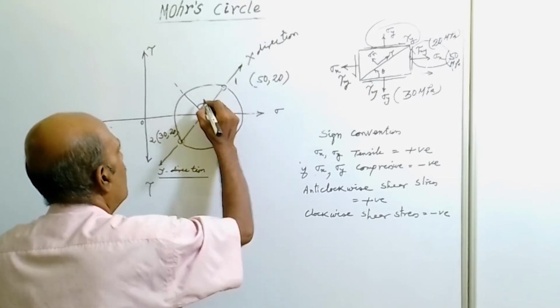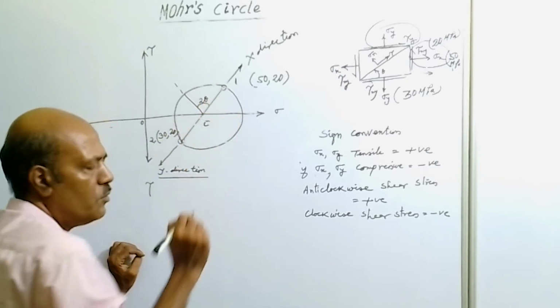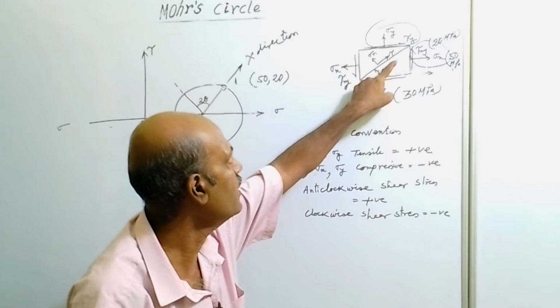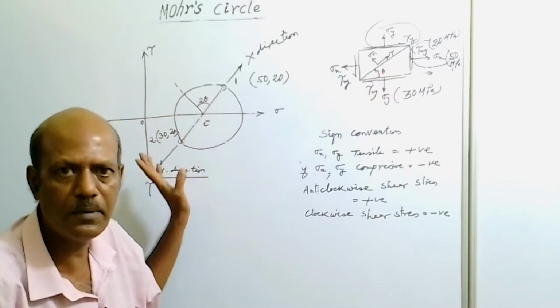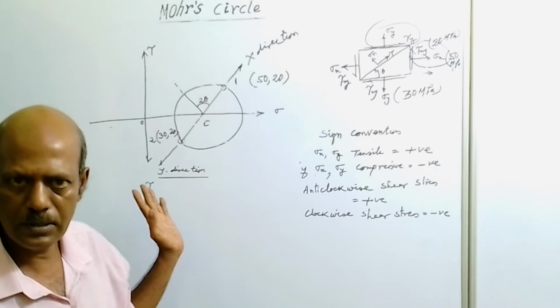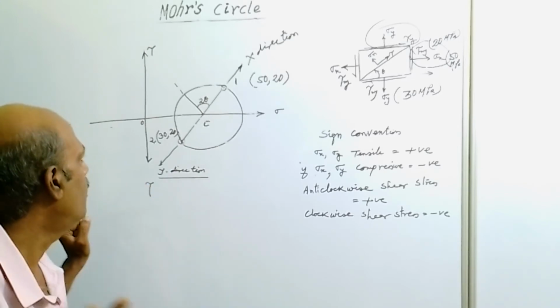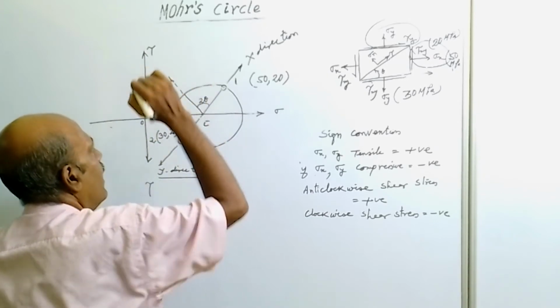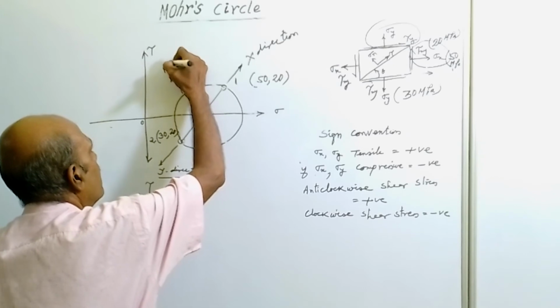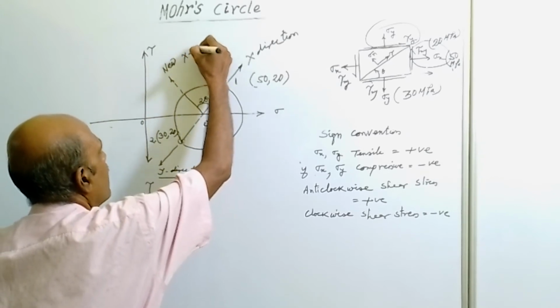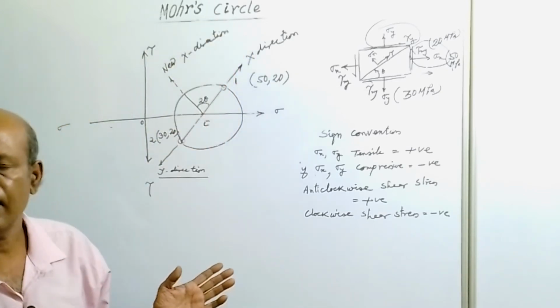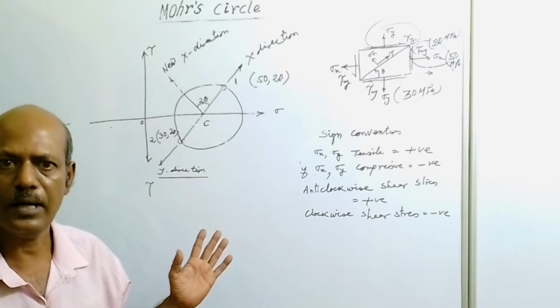Here it is anti-clockwise, so we rotate anti-clockwise by 2 theta. This direction I am naming the new x direction, that is the x direction after rotation.